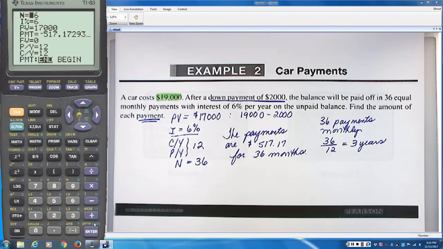So if we were to go in here to the solver and treat this like it was a mortgage rather than a loan, and get the future value, you see that the future value is not the total of the payments and the interest.